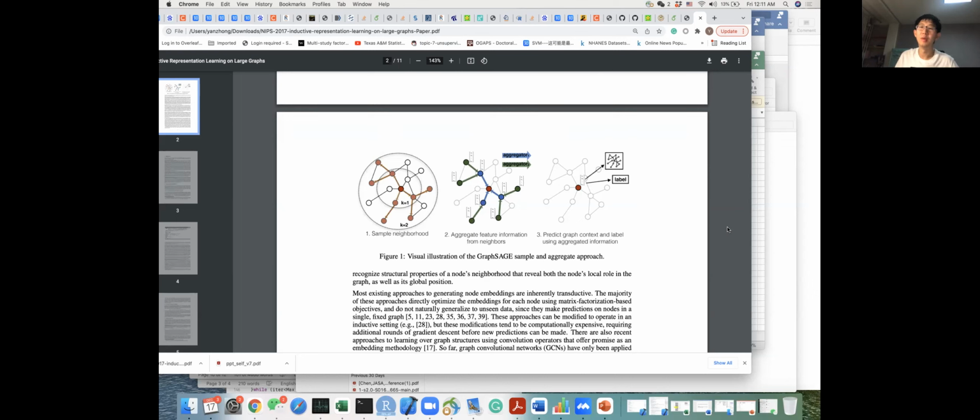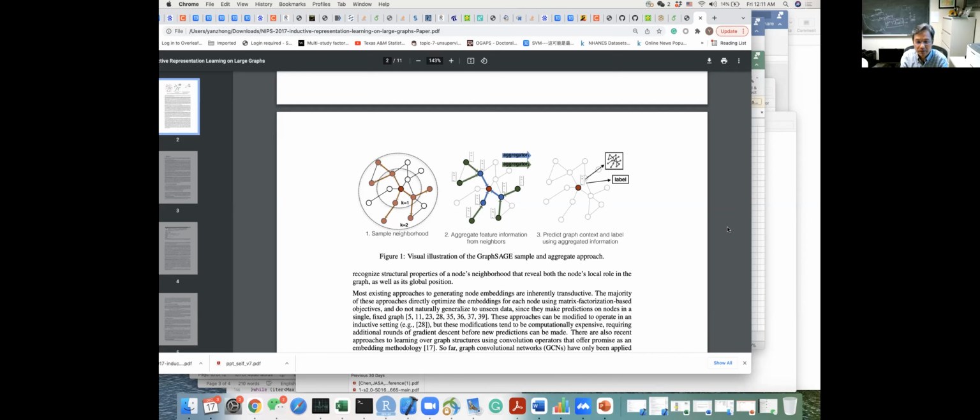The existing methods are not many, maybe only 2 or 3, and their work may not be that reasonable. Yeah.